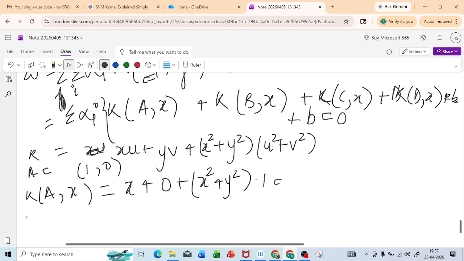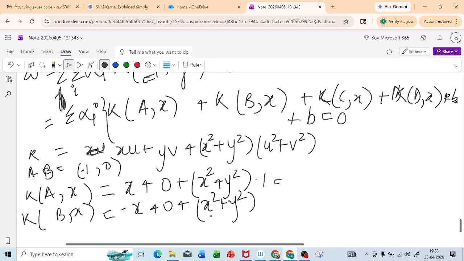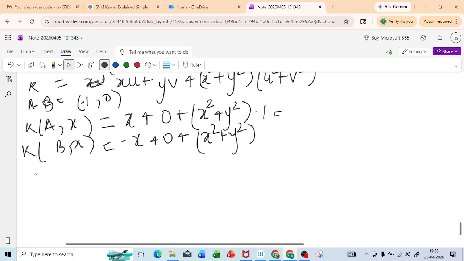Alright, so this is k of a of x. Now k of b of x. b is nothing but minus 1, 0. So x into minus 1 becomes minus x, plus y into 0 is 0, plus x square plus y square into u square plus v square, which is nothing but again 1, so x square plus y square only. This remains as it is. Now k of c of x.